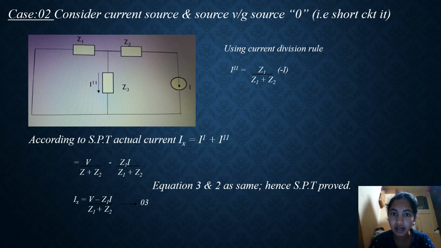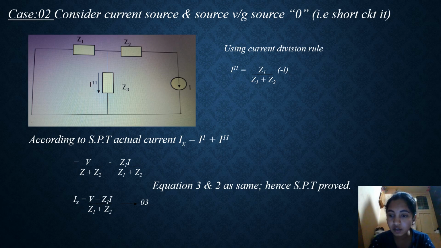So the equation will be I2 is equal to Z1 by (Z1 plus Z2) times minus I. According to the superposition theorem, the actual current Ix is equal to I1 plus I2.